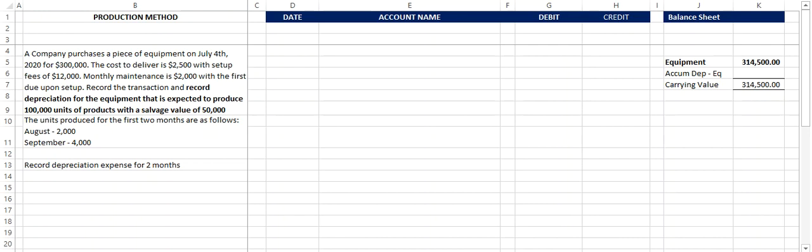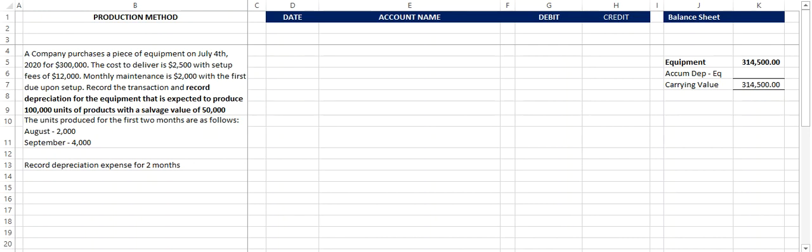It's slightly different because they normally don't give you years for equipment like these, because depending on the amount of units it produces, that's how it's depleted, or how the equipment gets older and loses its value, as units are produced, not really as years go by.